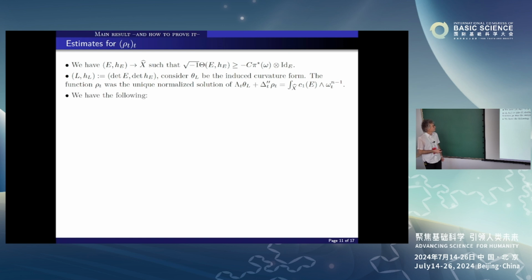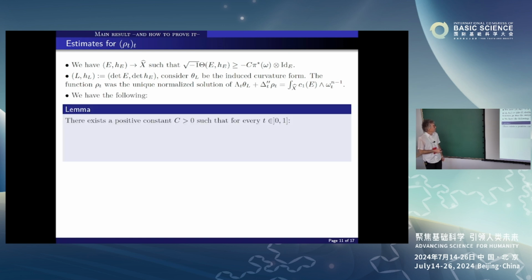And then we have the following lemma: there is a positive constant such that rho is bounded from below in a universal manner by a constant which is independent of t times the L1 norm, and the upper bound somehow degenerates logarithmically when we get close to D. But still, we have uniform constants all the way.